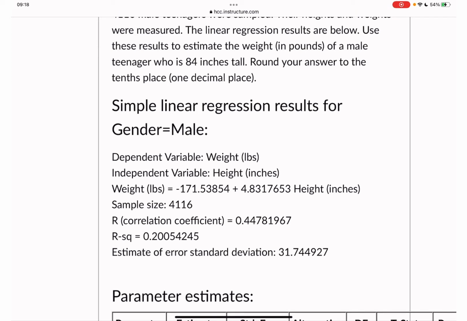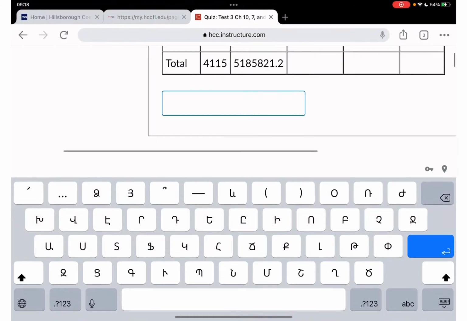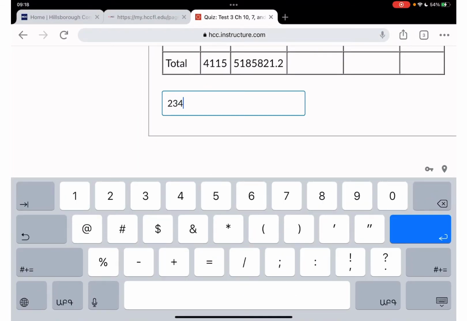As you can see, I'm not rounding anything during the calculation, and minus 171.53854. Now, pay attention. I did minus because it's negative. If it would be plus, then I would add it, obviously. And I got 234.3. That is our weight.